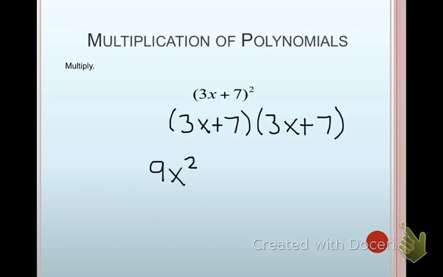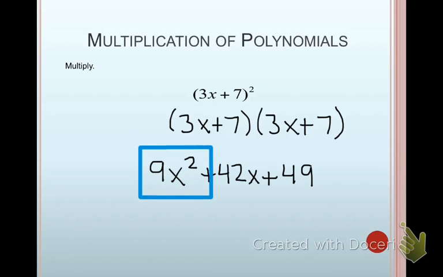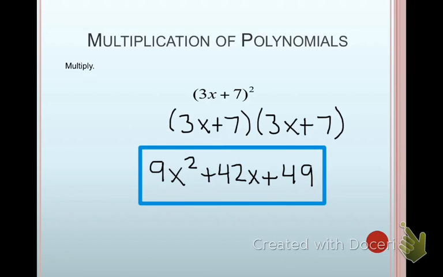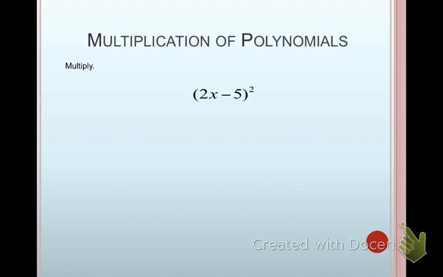We would square the last term and get 49. And we would multiply 3x times 7 and get 21x, and then double it to get a 42x, and voila, we have our answer. If you were to FOIL this out, you should get the exact same answer once you combine your like terms in the middle.